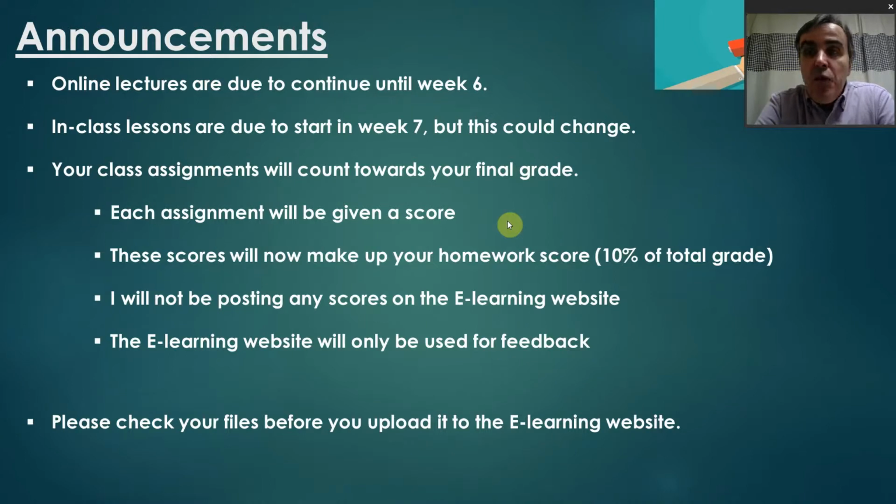I've been having a few questions about the class assignments. So what I've decided to do with these weekly class assignments is make them count towards your final grade. So each assignment will be given a score, and these scores will now make up your homework score.